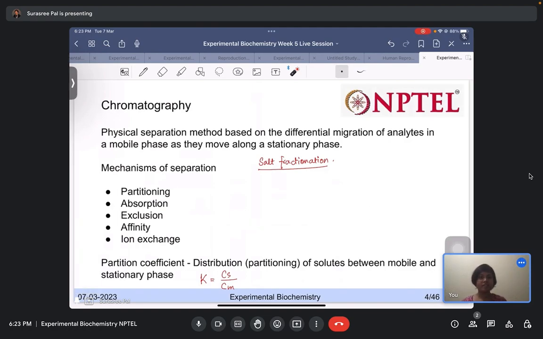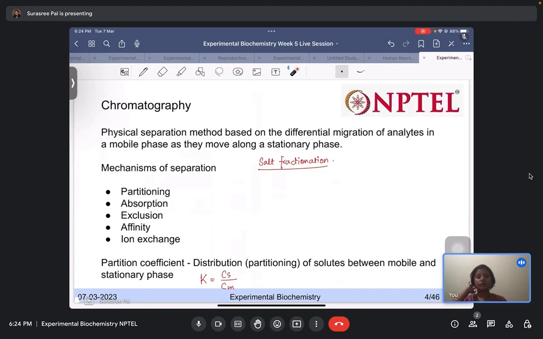This is physical separation based on the differential migration of analytes in a mobile phase as they move along a stationary phase. So what is a mobile phase? A mobile phase is the phase which is moving, which is mobile, and the stationary phase is usually the matrix on which we are performing this chromatography.